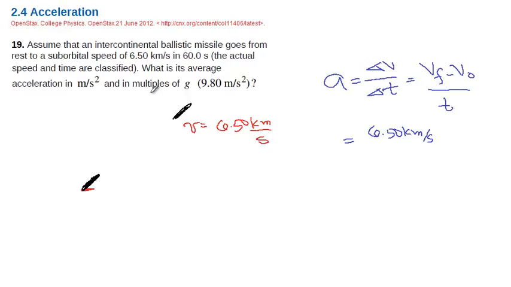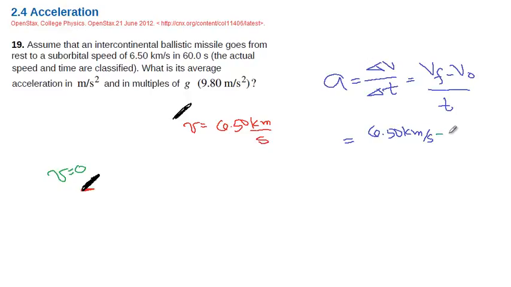However, we are not given the initial velocity, but careful analysis of the problem reveals that the missile here is not yet moving, so it must be moving at a speed of zero. I hope that is not that hard to see.